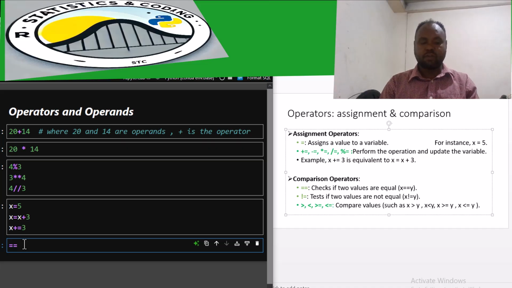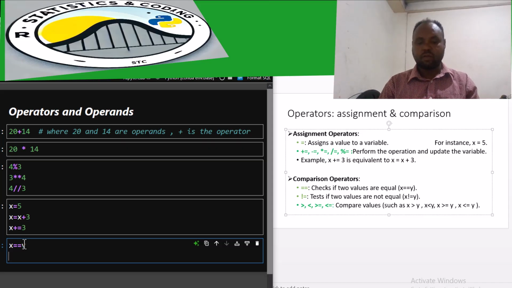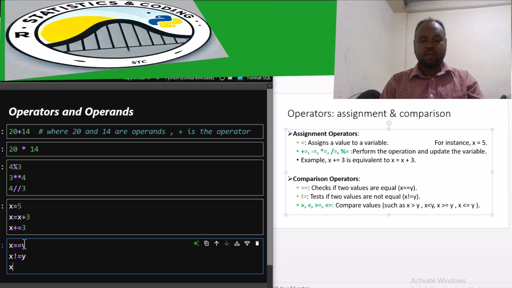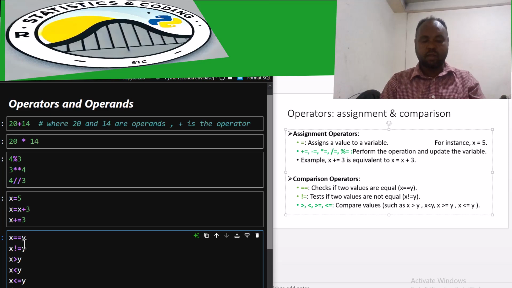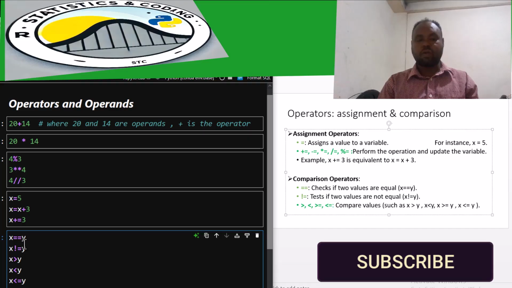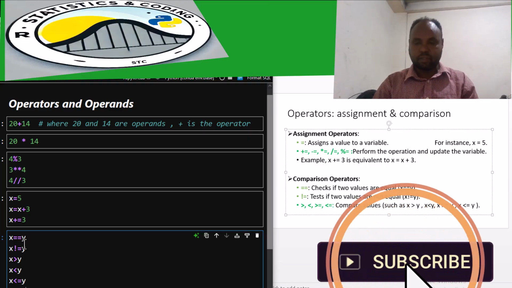To check two values, x equals y, we are asking whether x is equal to y, or x is not equal to y. Similarly, x is greater than y, or x is less than or equal to y. These are all comparison operators, right?